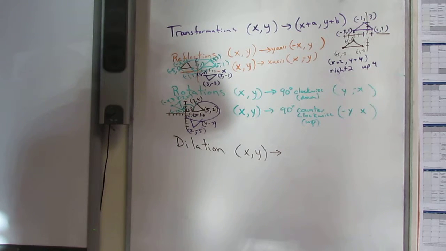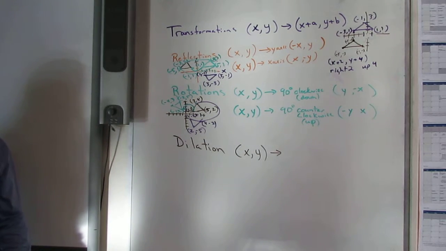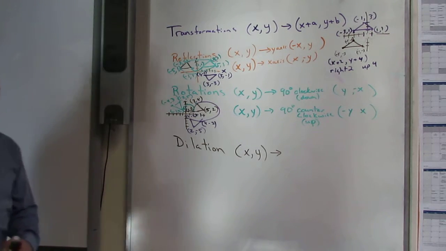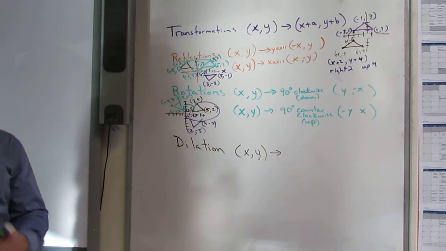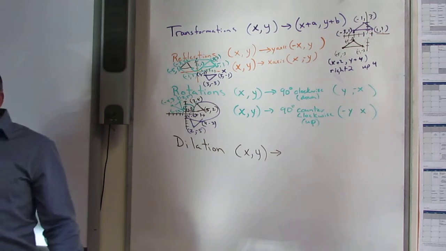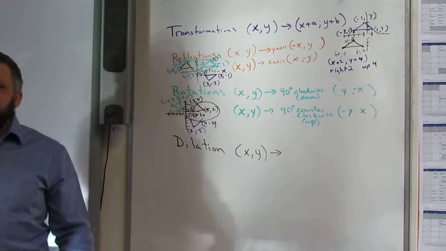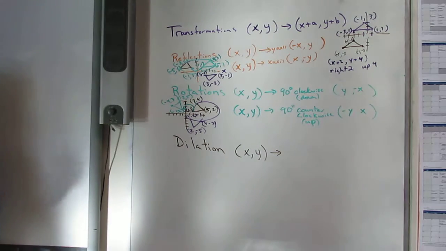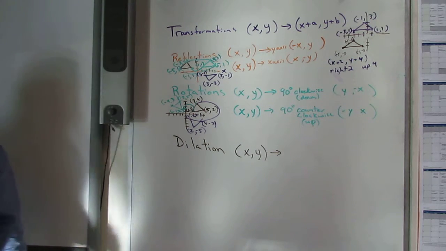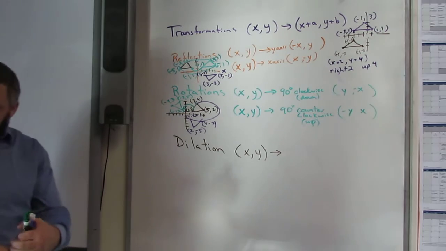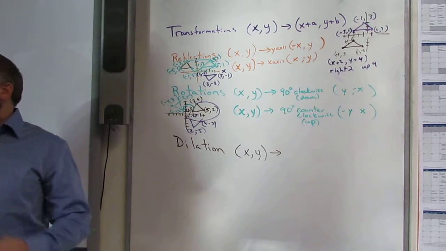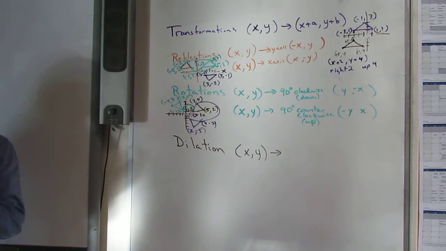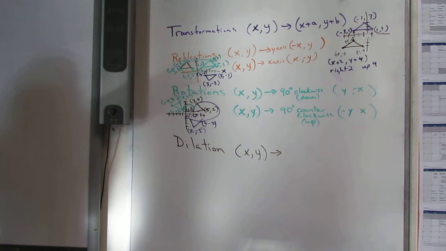So they're both. When I multiply something by 2, does it get bigger? Yeah. If I multiply something by 5, does it get bigger? Yeah. If I multiply something by a half, does it get bigger? No, it gets smaller. So that's what dilation is. We're going to multiply these points to make this either smaller or bigger.